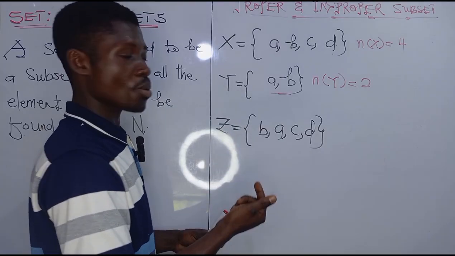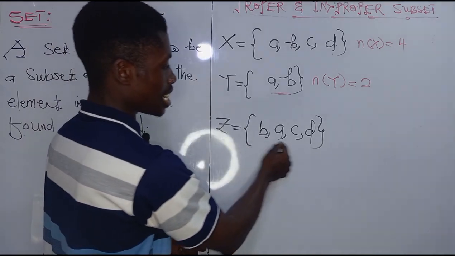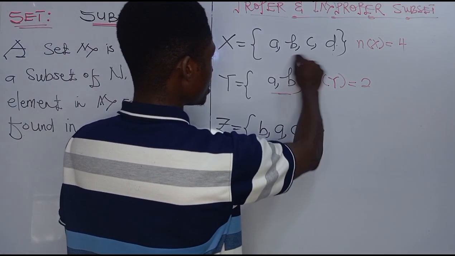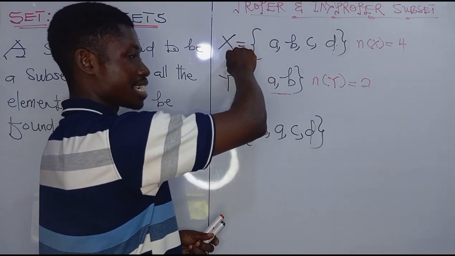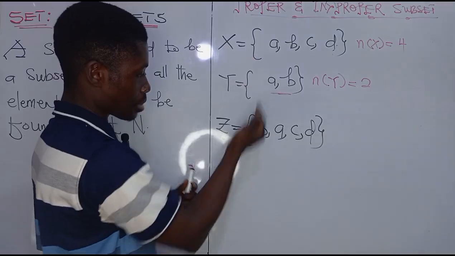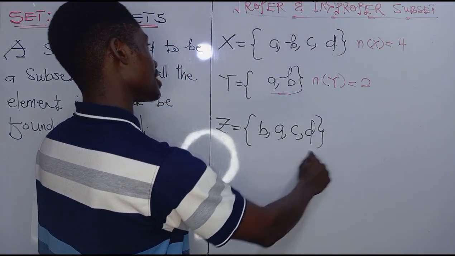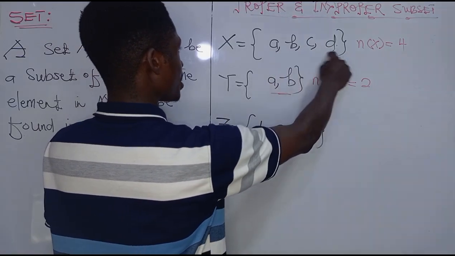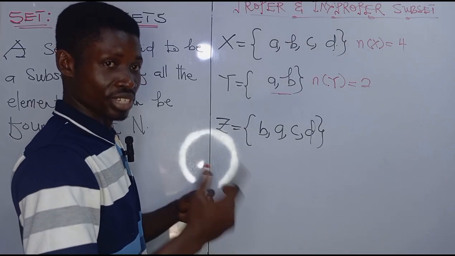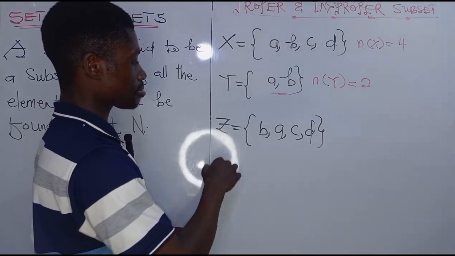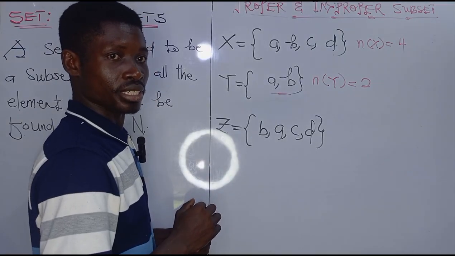But first of all, you agree with me that Z is a subset of X because all the elements in set Z can be found in set X. So set Z is a subset of set X, and set X is a subset of set Z, because all the elements in set Z can be found in X, and all the elements in set X can be found in set Z. So they are subsets of each other. We want to determine if set Z is a proper or improper subset, right?